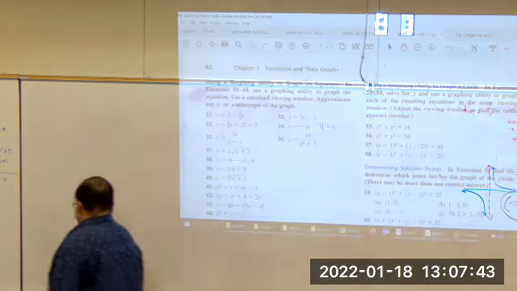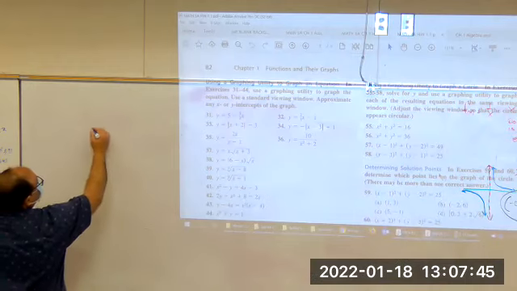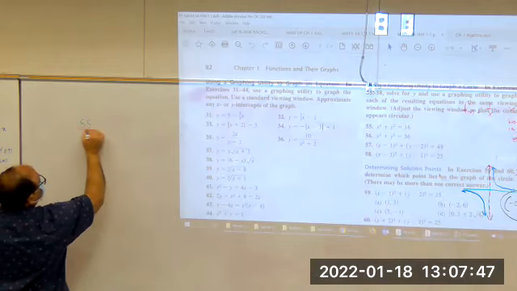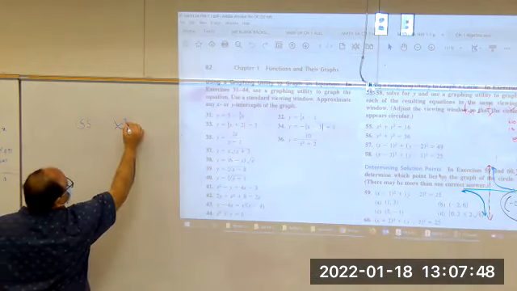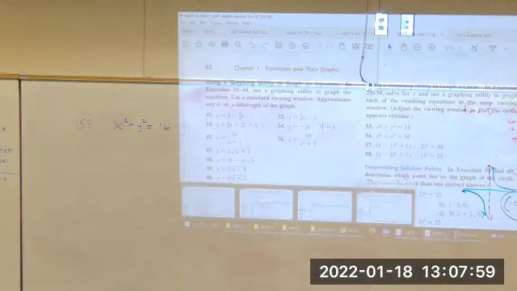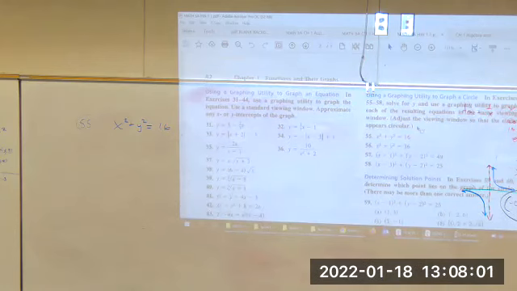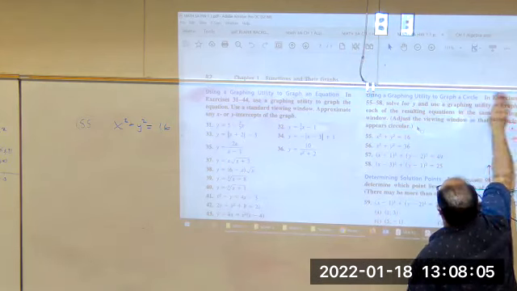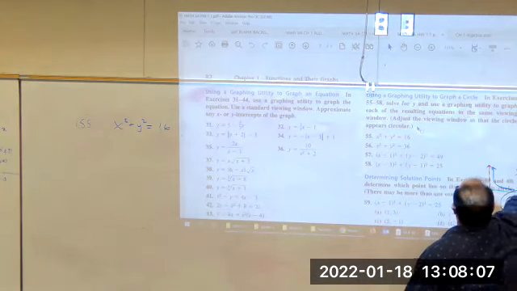X squared plus y squared equals 16. Directions say use a graphing utility to graph a circle.